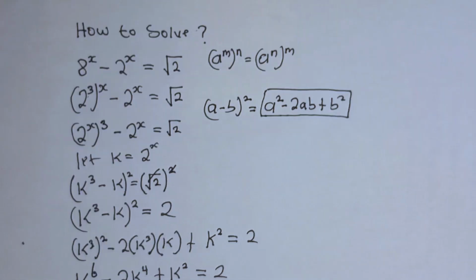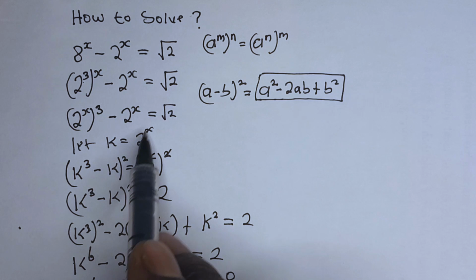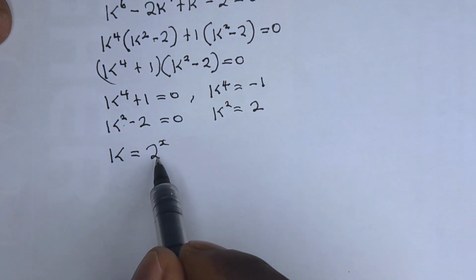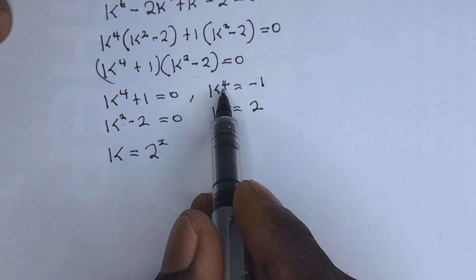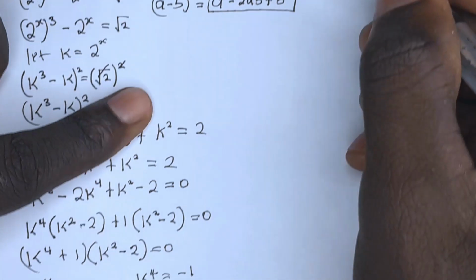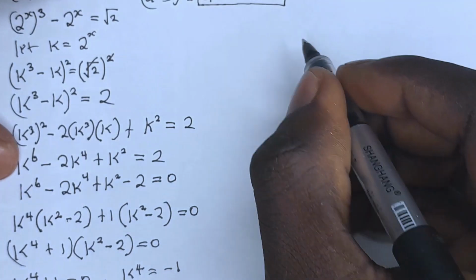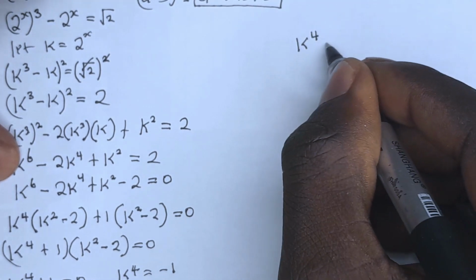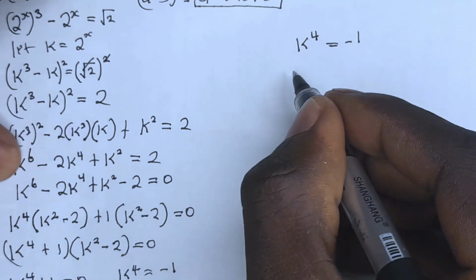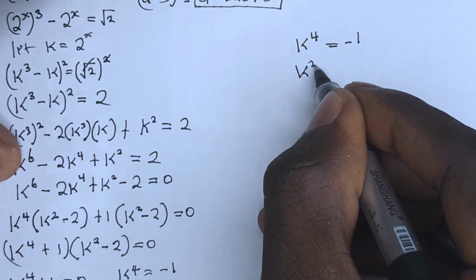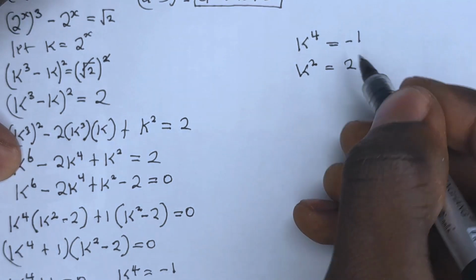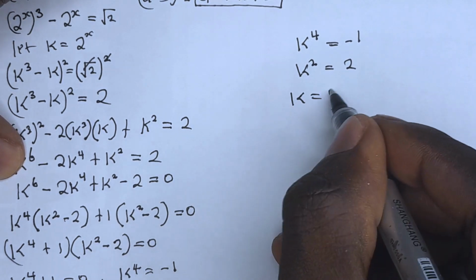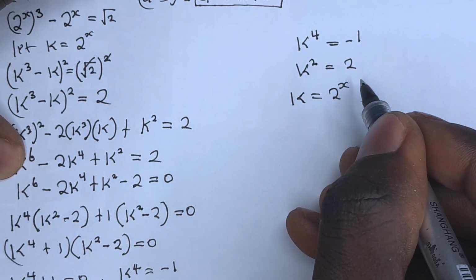And then we can substitute the value of k. Let's start with this value. We have k to the power of 4 is equal to negative 1, and we have k to the power of 2 is equal to 2.